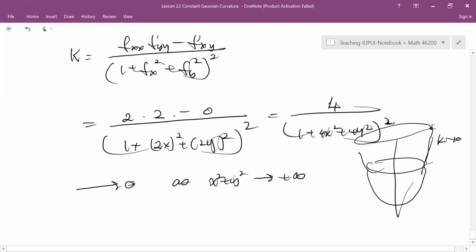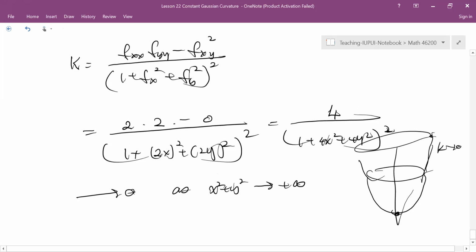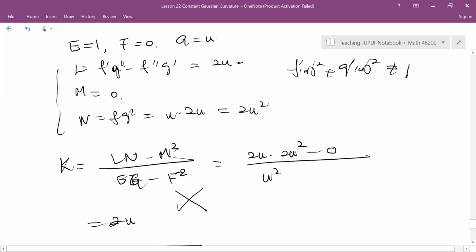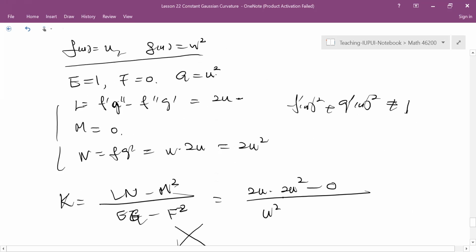The Gaussian curvature gets small as you move far away from the origin. So the earlier formula is wrong, because it is true only under the assumption that f prime squared plus g prime squared equals 1.